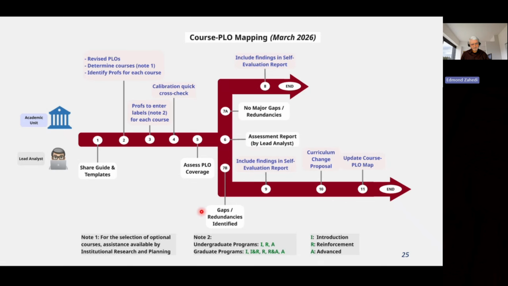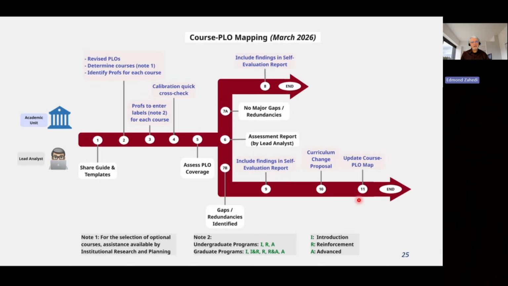7B is that if there are potential redundancies and potential gaps, then this also needs to be included in the self-evaluation report, but the self-evaluation report will ask you to produce a curriculum change proposal. I'm going to explain what this is in the next slide.